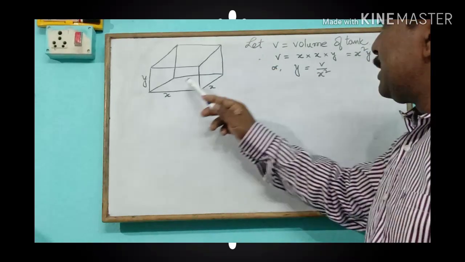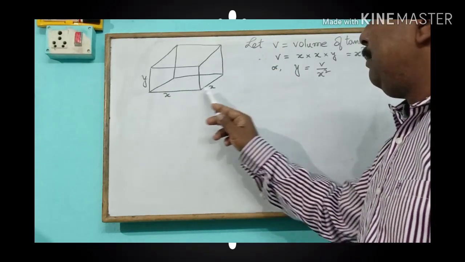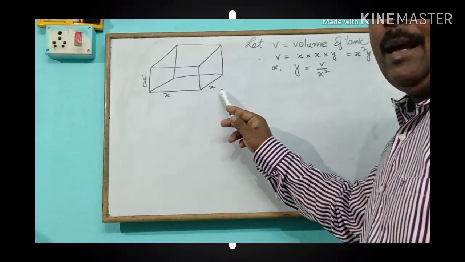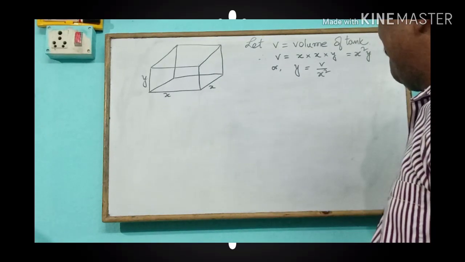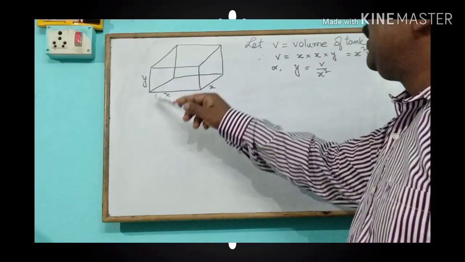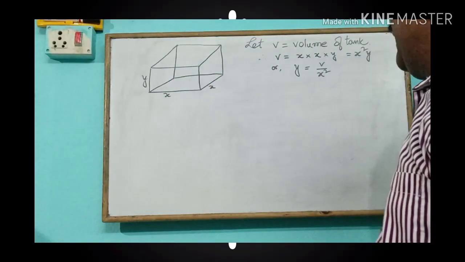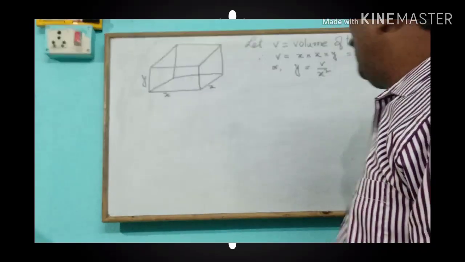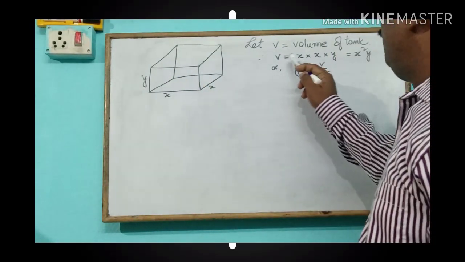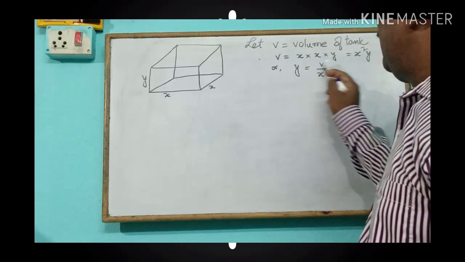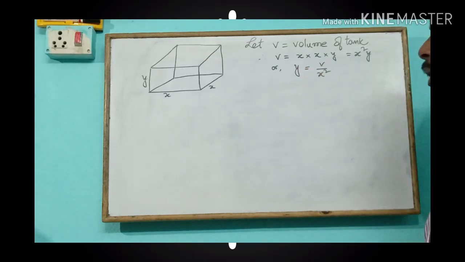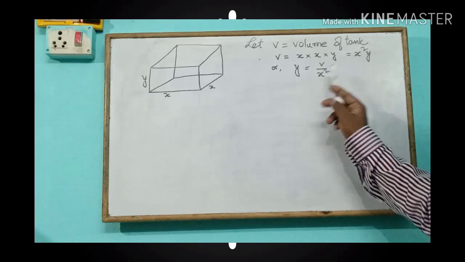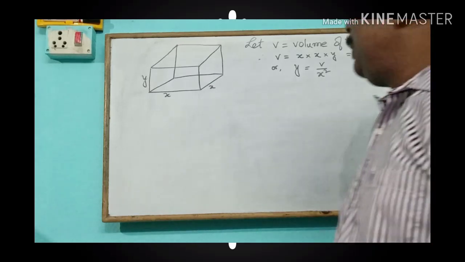Now I have considered the base as x and x, and the height to be y. So the volume will be x square y, as I have written, you can understand from here. So y is equal to V by x square. Now what will be the surface area?